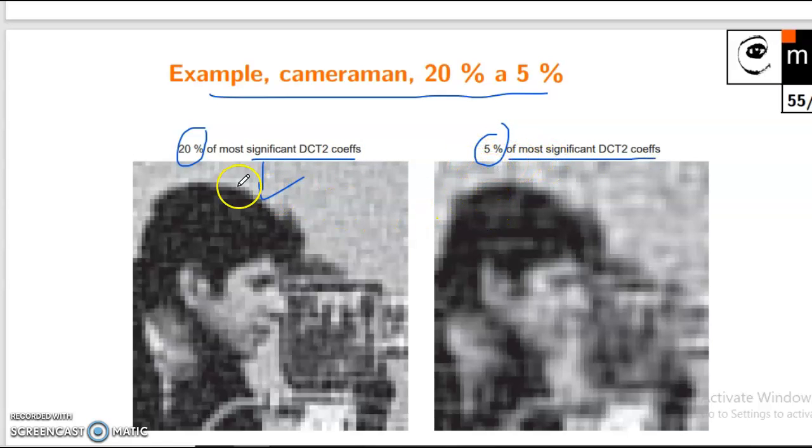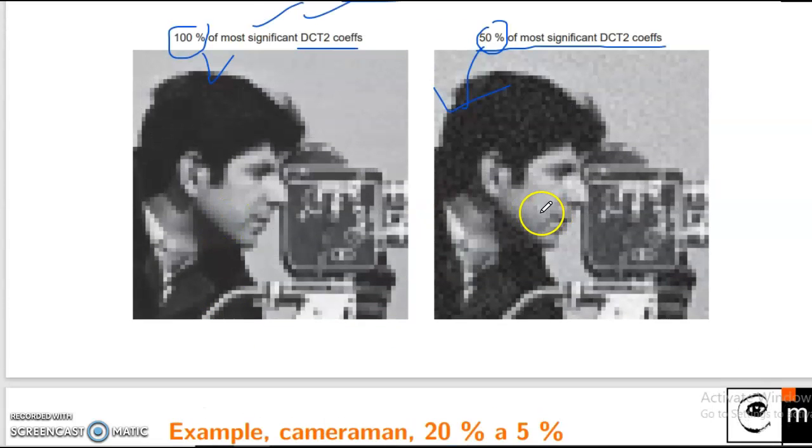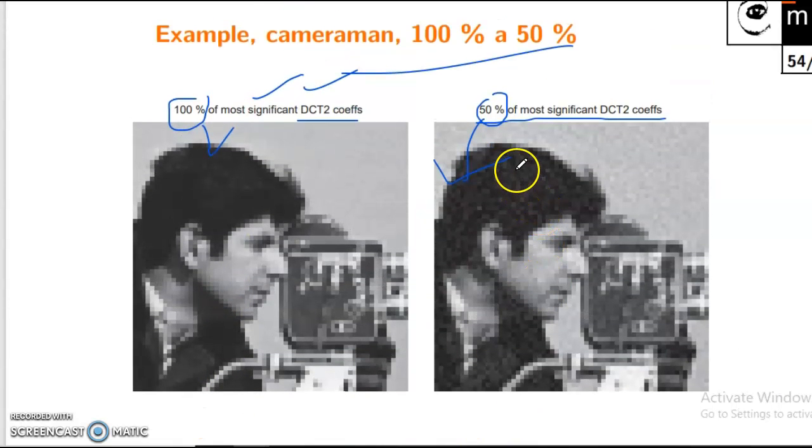From 5% to 20% is better. From 20% to 50% is better. From 50% to 100% is better. That is 100% of most significant DCT2 coefficients.